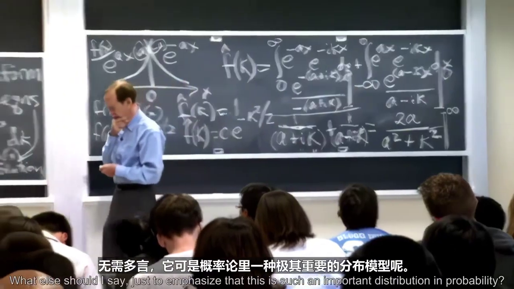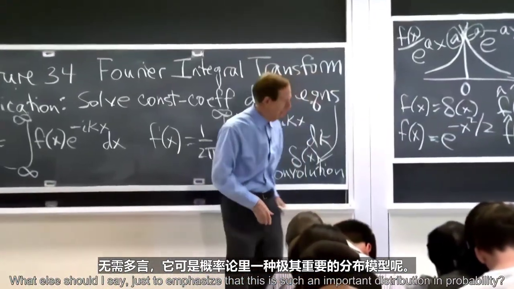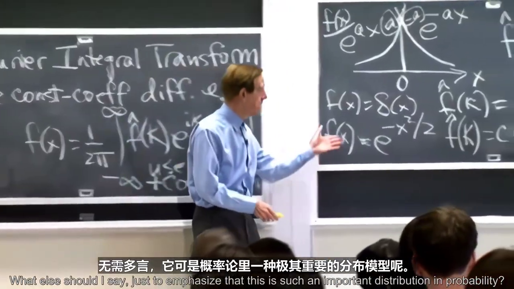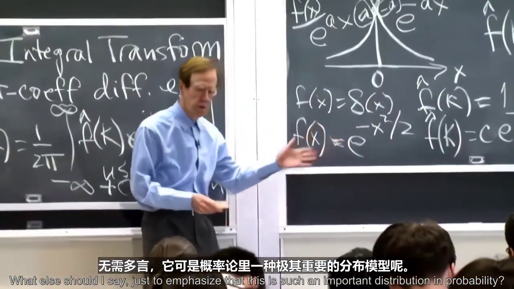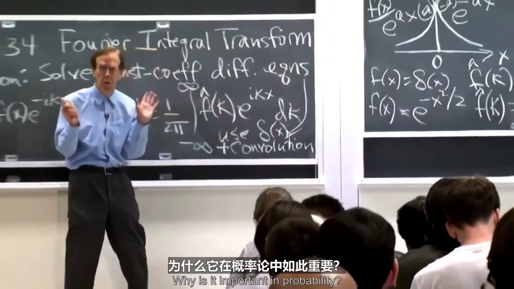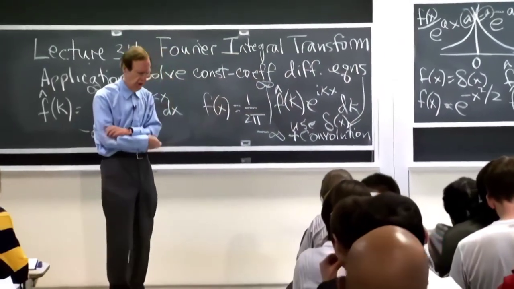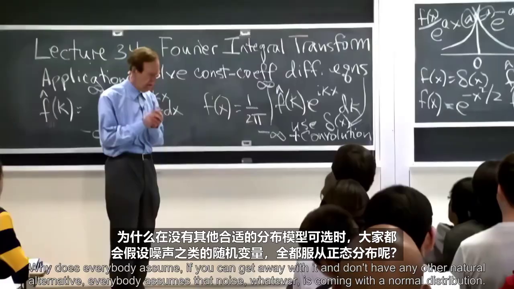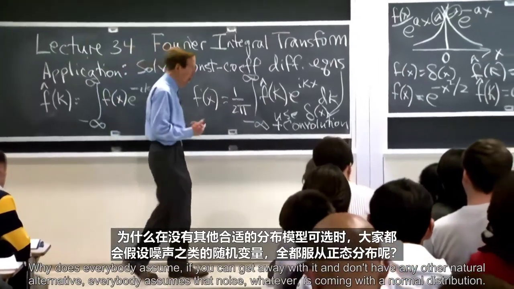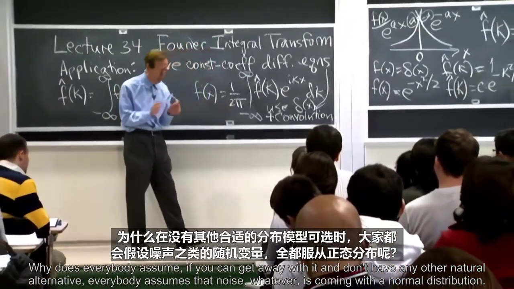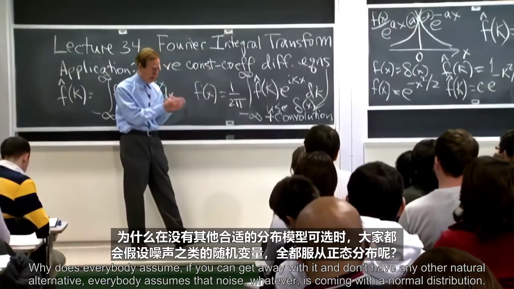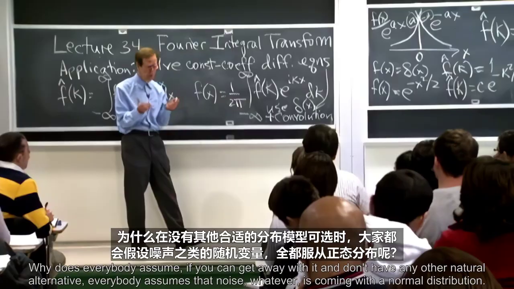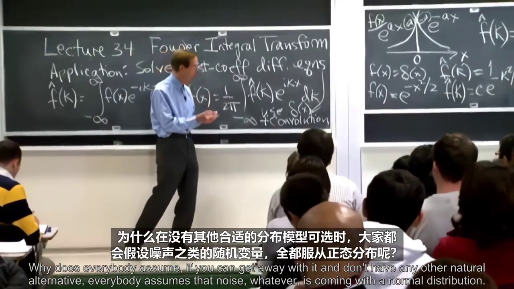What else should I say just to emphasize that this is such an important distribution in probability? Why is it important in probability? That's the question. Why does everybody assume, if you can get away with it and don't have any natural alternative, that noise, whatever, is coming with a normal distribution?